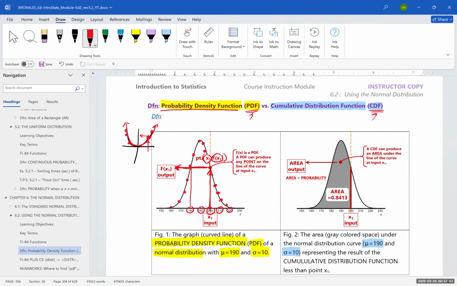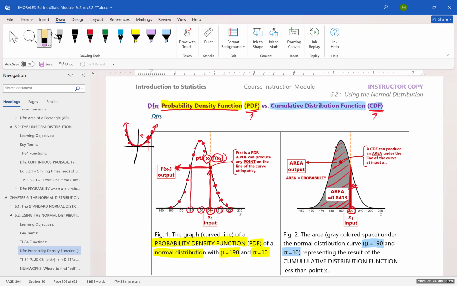All right, so like I mentioned before, both the PDF and CDF deal with normal distributions, and they both have this bell-shaped symmetrical curve. But what makes a CDF different is that a CDF, instead of giving you points on the curve like a PDF does, actually calculates the area under the curve bordered by a chosen X value.